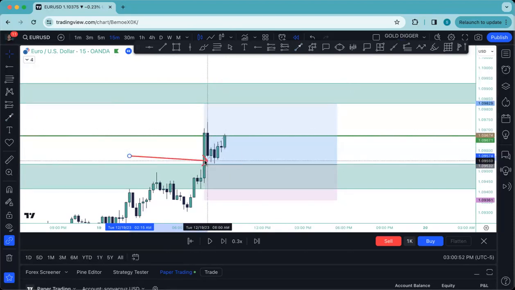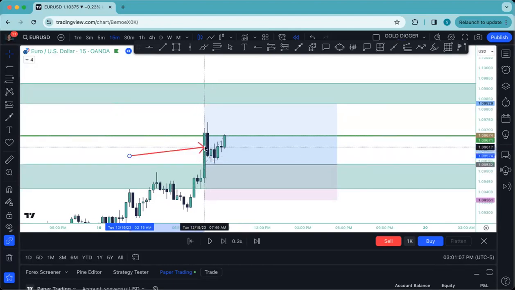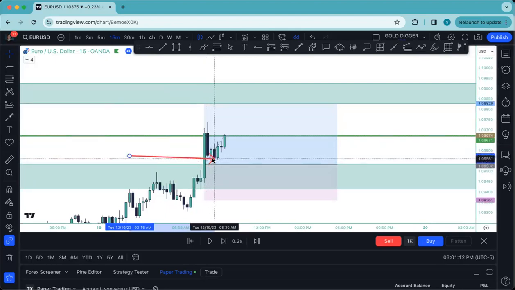So right around there, you see it rejecting, right? It broke through this candle, it closed above, it went back down and it's retesting this area that it just broke through. It's retesting it. So you're seeing, oh, okay, rejection, rejection.